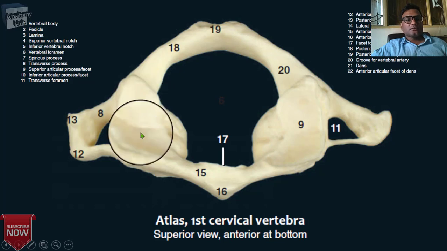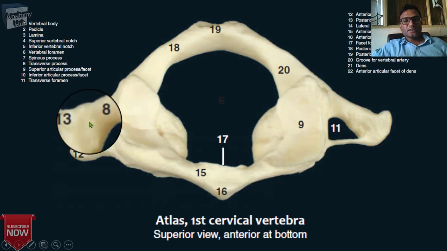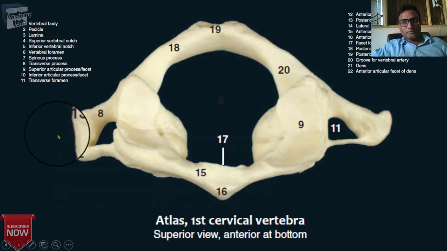Here you will find the posterior tubercle of the costal process, and here the anterior tubercle of the costal process.